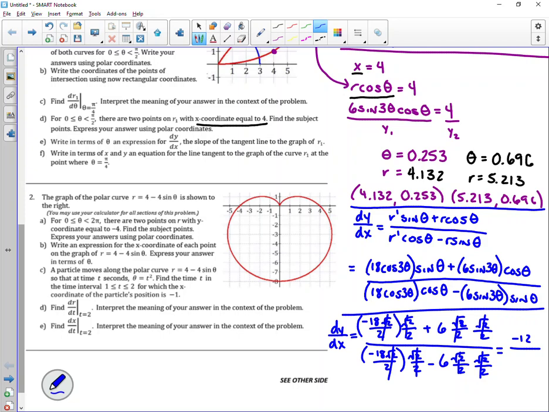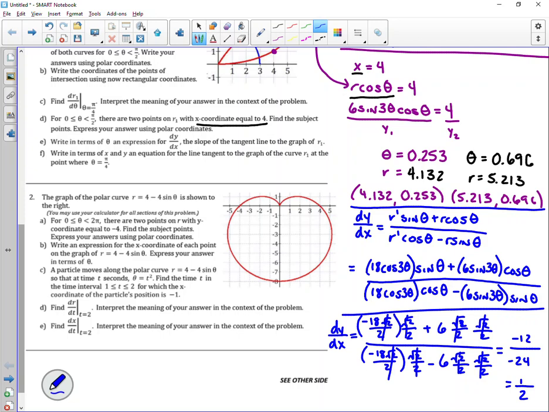Wait, what are you trying to cross out? No, negative 18 minus 6. Yeah, negative 18 minus 6. Hey, that's nice.